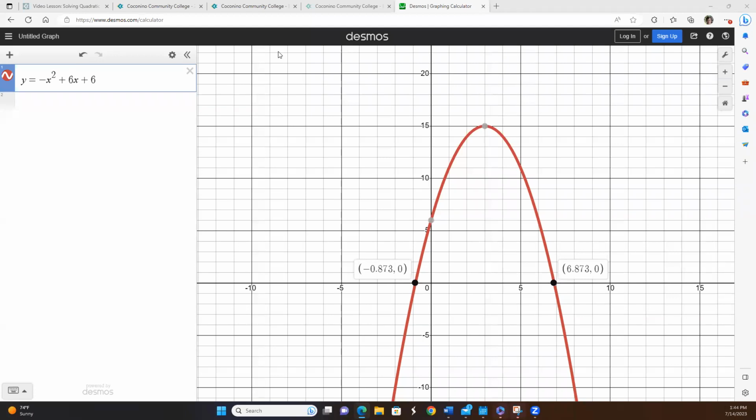If we solve this by graphing, you can see that it crosses the x-axis at a negative 0.873 and a positive 6.873. So we can certainly solve it by graphing and not get exact solutions. Let's graph this on our worksheet and then solve it using the quadratic formula.